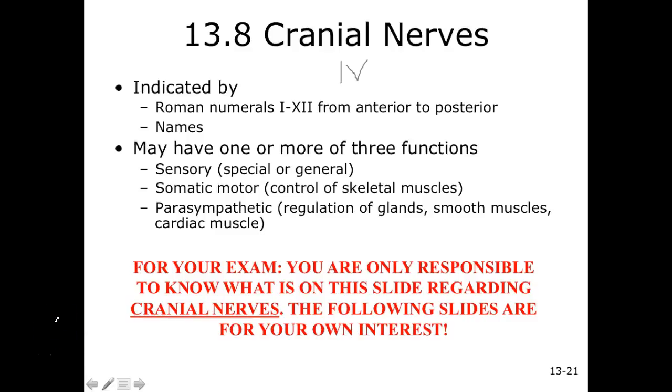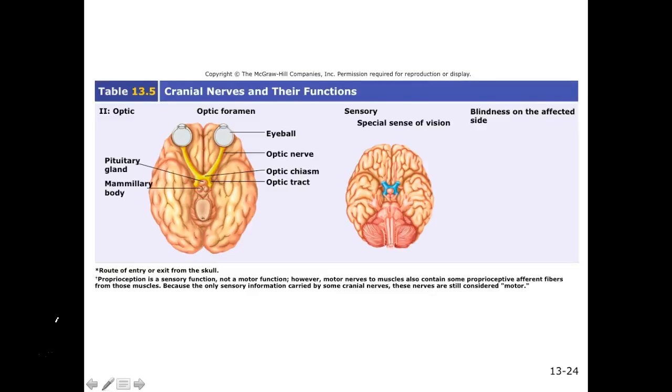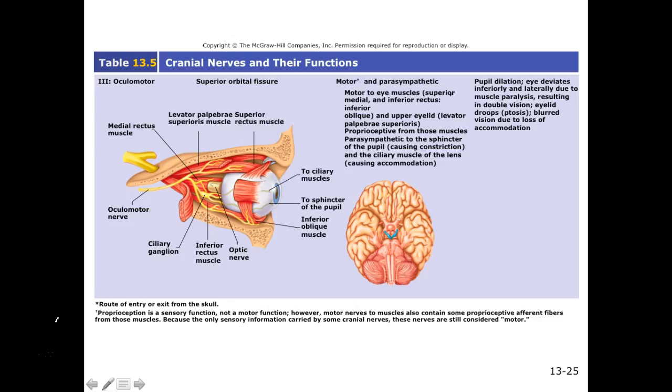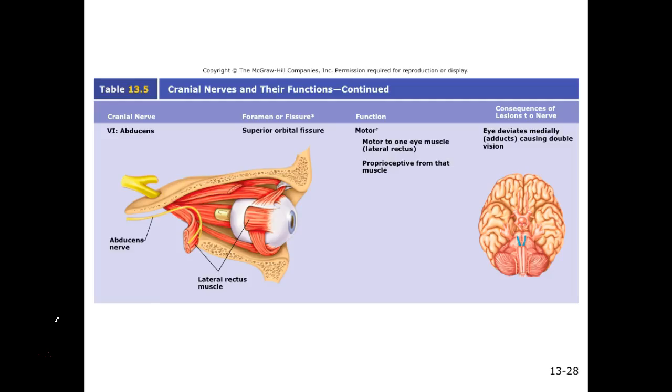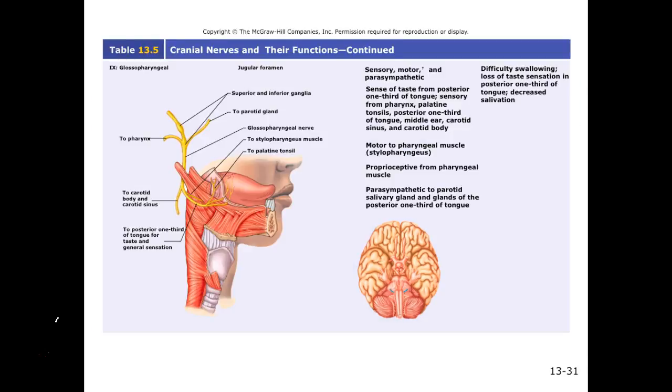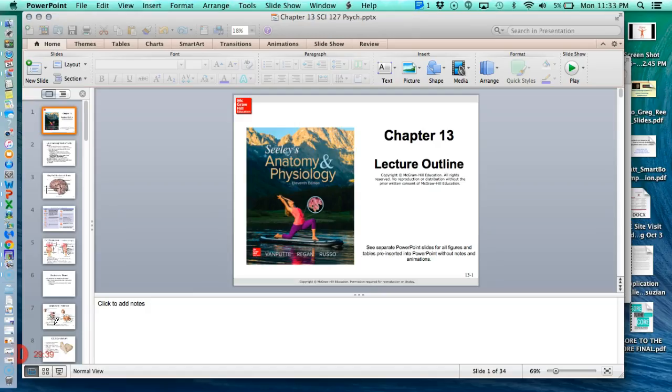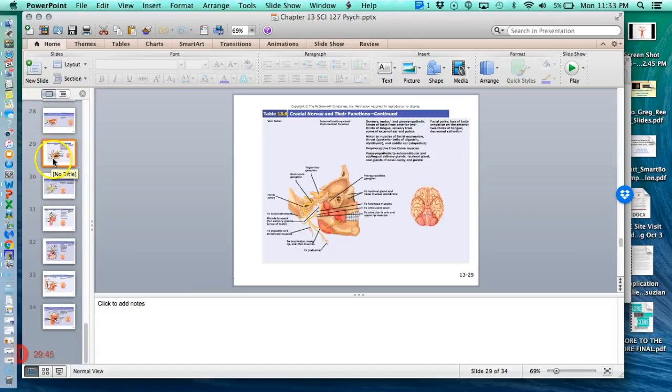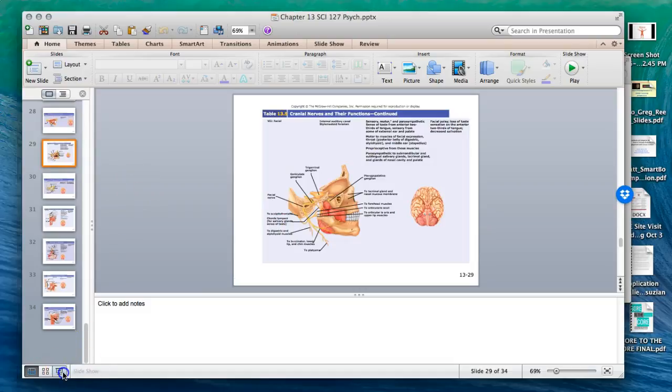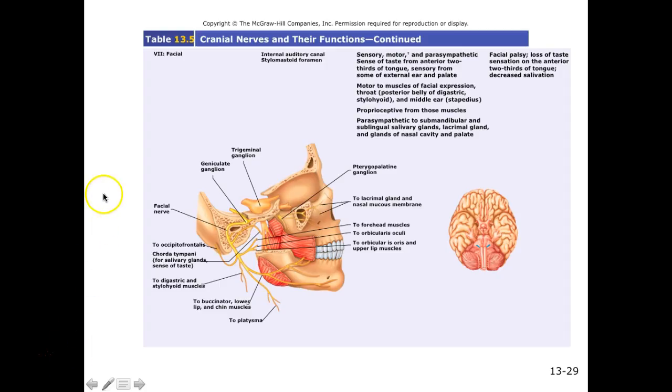So I'm leaving them in here for you, but I actually have a whole separate lecture on cranial nerves that I'm going to post just in case you're interested. But I won't be testing you on the cranial nerves specifically. Like I said, they're numbered 1 through 12. Know that. And if you have any more questions, please let me know.